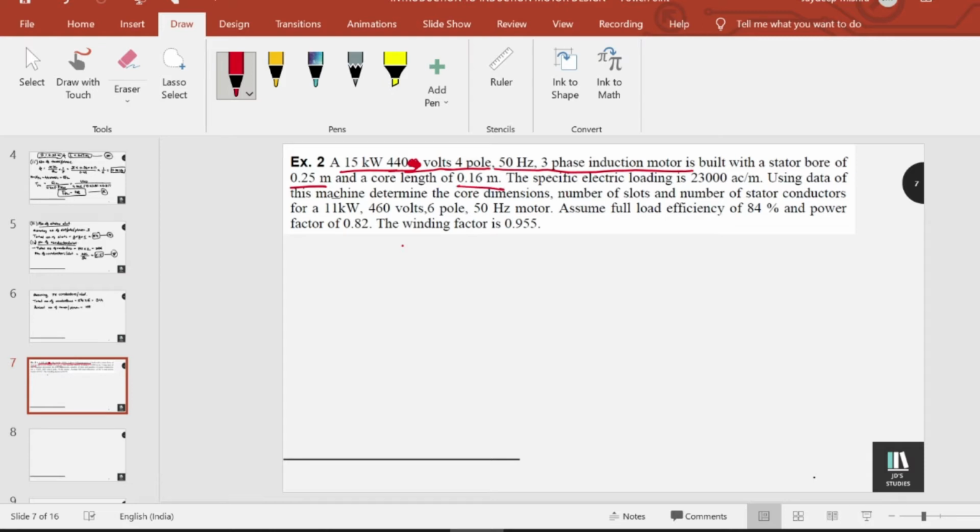We have a specific electric loading of 23,000 ampere conductors per meter. Using the data of this machine, determine the core dimensions, number of slots, and number of stator conductors for an 11 kilowatt, 460 volt, 6 pole, 50 hertz motor. Assume full load efficiency is 84%, power factor is 0.82, and winding factor is 0.955. Okay, so first of all we will consider the first induction motor.